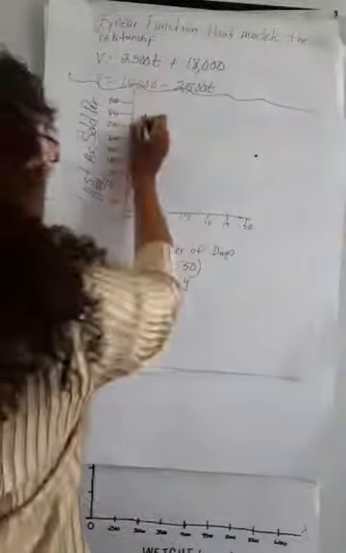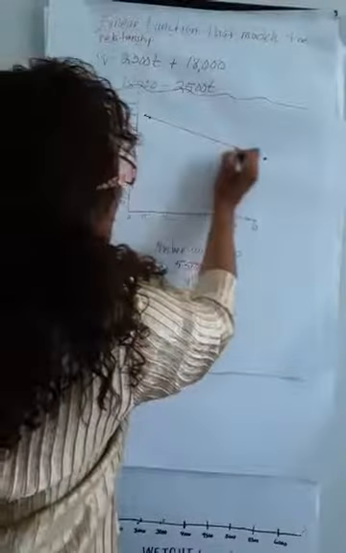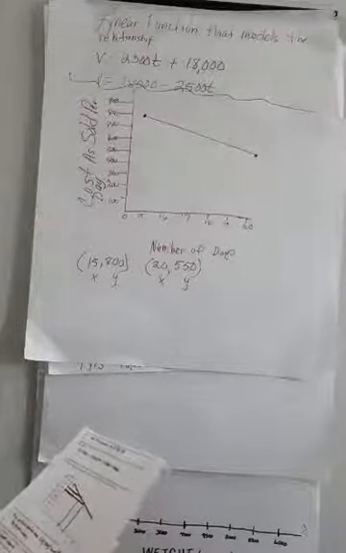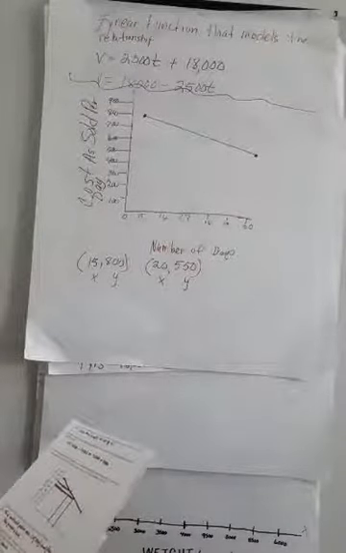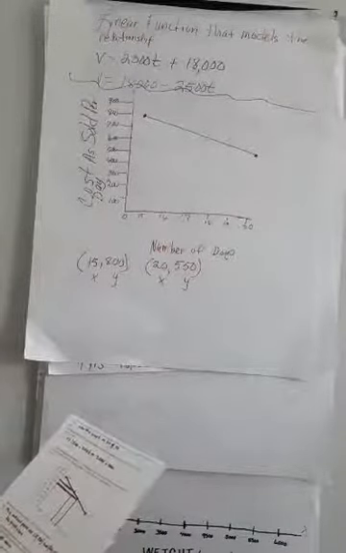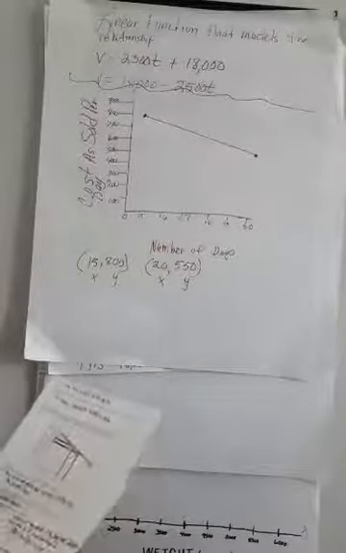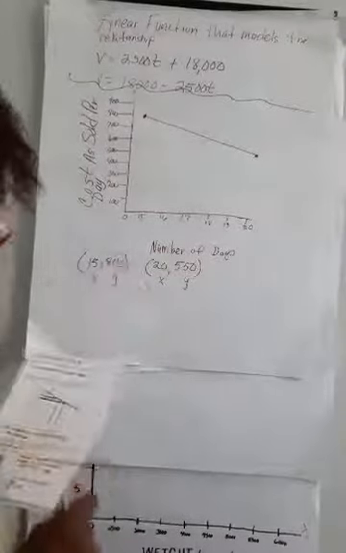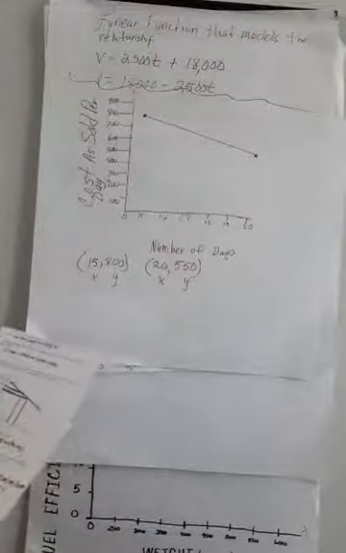If I were to draw a line, we'll talk about a linear, it'll look somewhere like that. Then on your sheet, it asks: what is the rate of change relating number of copies sold to price? So between these two points, what's your rate of change?